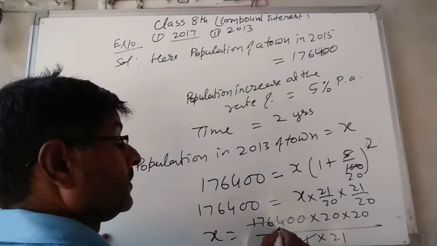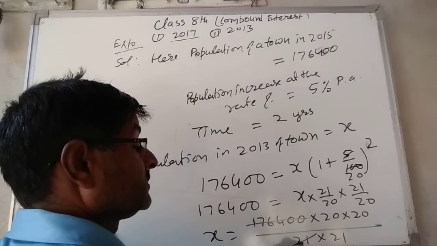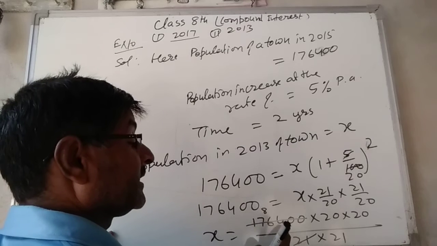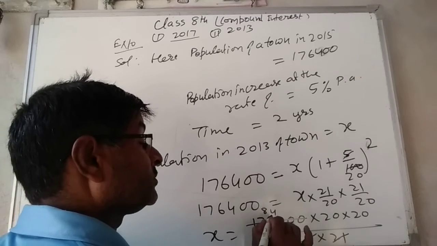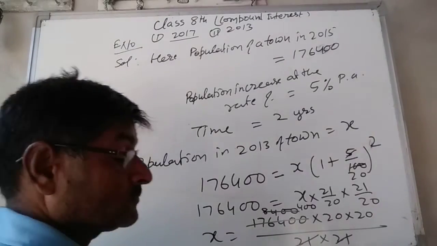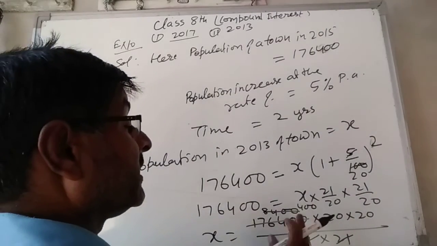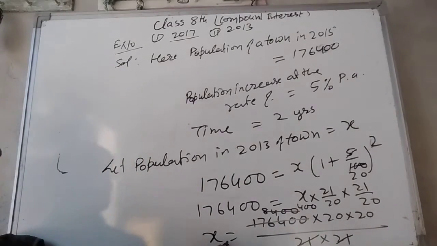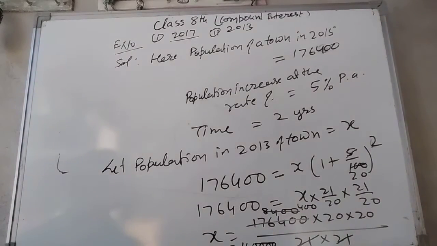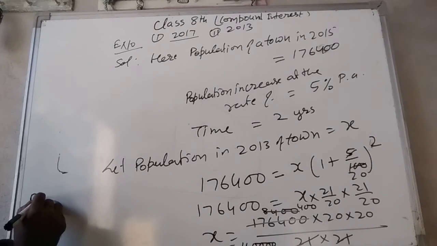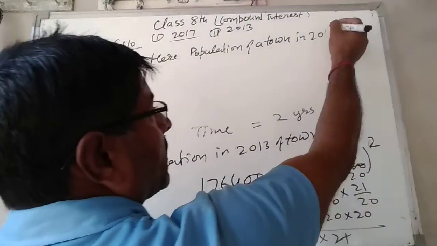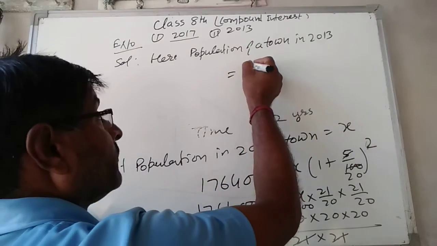This will cancel. 21 sevens are 147, 8 times is 168, 84, 4 times, there are 20. Then cancel with 21, 21 fours are 400. Now you can multiply them: 4 twos are 8, 2 eights are 16. So you get the answer 160000. So the population of the town in 2013 is equal to 1,60,000.